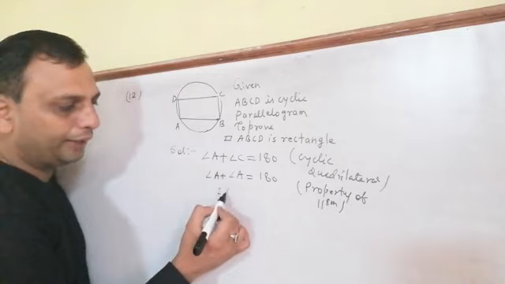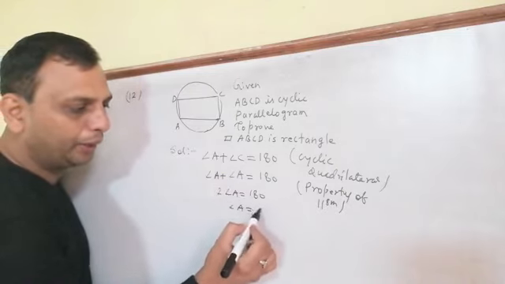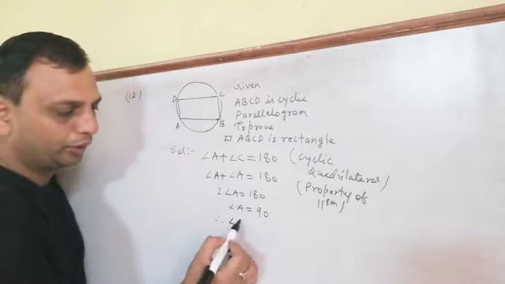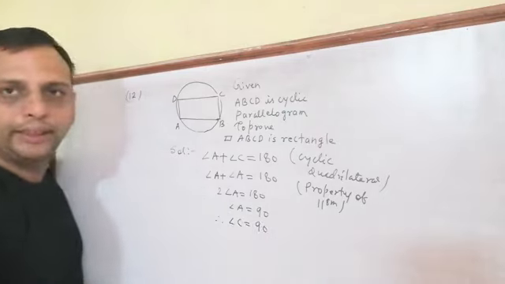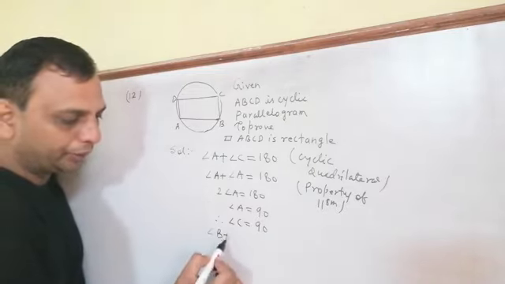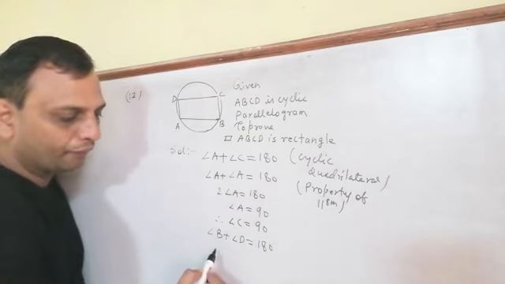Now 2 times angle A will be how much? 180. Angle A will be how much? 90. If A is 90, C will also be 90. Therefore, C is also 90. Now similarly we can write B plus D is equal to how much? 180, cyclic quadrilateral.